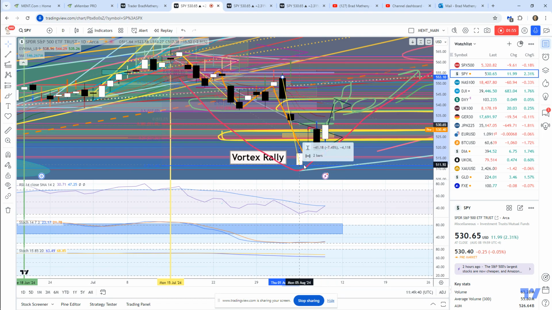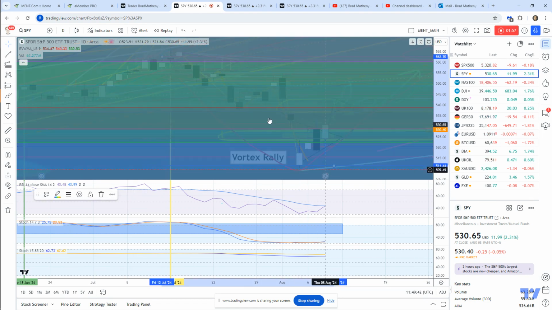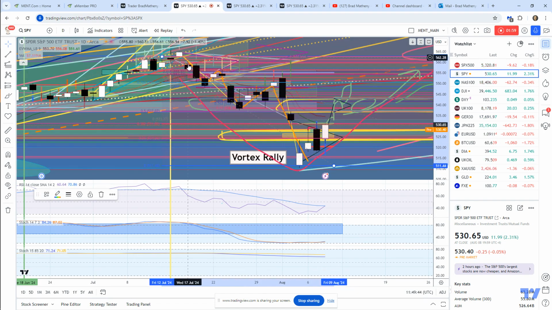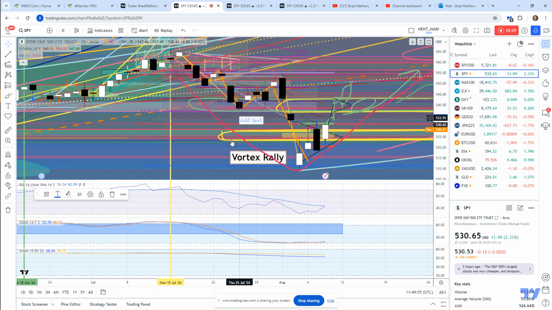So here we go down to here, larger. So what we have here is really an A, B, C, making an A move, a B move here, and a C move here, correcting. So if I were to put these into context here, this would be an A move here.